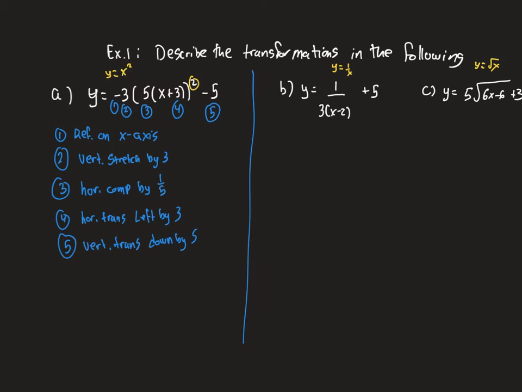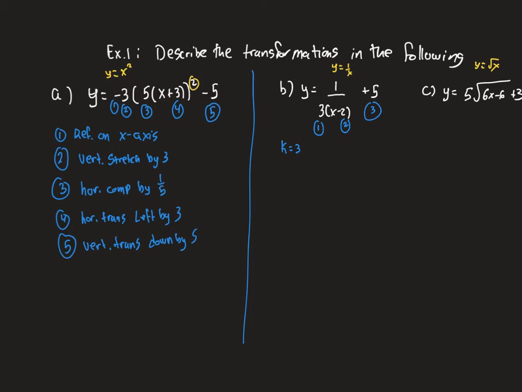Once again, you want to label your transformations. So you've got 1, you've got 2, and you've got 3. Now, when you see the 3 on the bottom there, don't confuse that with your a value, because it's affecting the x on the bottom. So that's your k value, actually. So k is actually equal to 3.